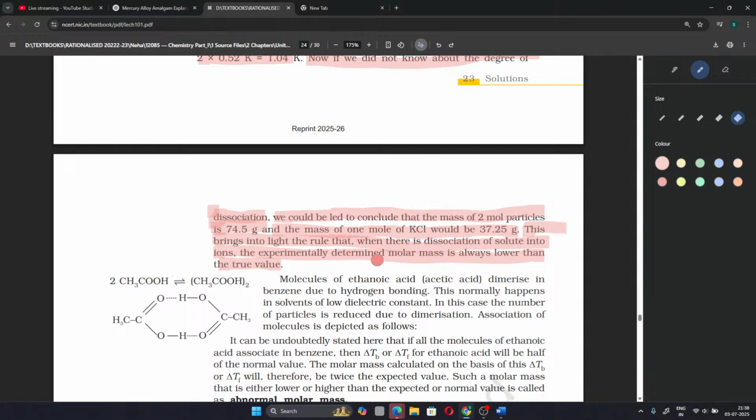And this brings into light the rule that when there is dissociation of solute into ions, the experimentally determined molar mass is always lower. This can be asked as a statement. Basically, they are saying when there is dissociation of solute into ions, the molar mass which we experimentally determine will be lower than the true value.